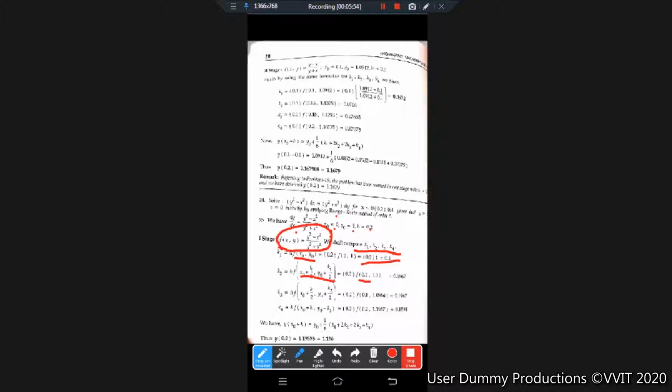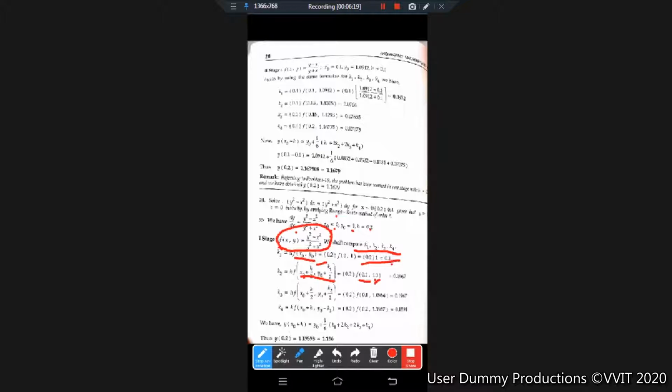Similarly, what is y naught plus k1 by 2? You know y naught is 1 and k1 is what we have just solved, 0.2. So 1 plus 0.2 by 2 is 1 plus 0.1, that is 1.1. That's how you get this one. Understood?